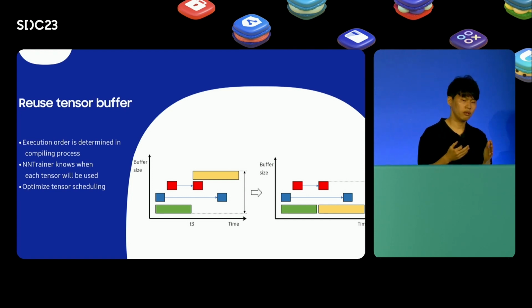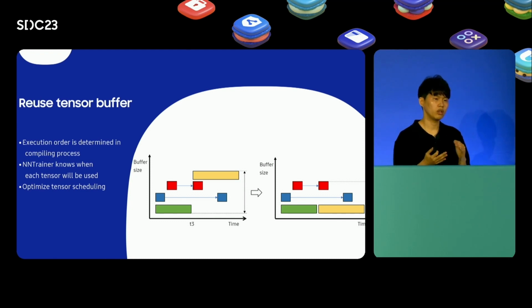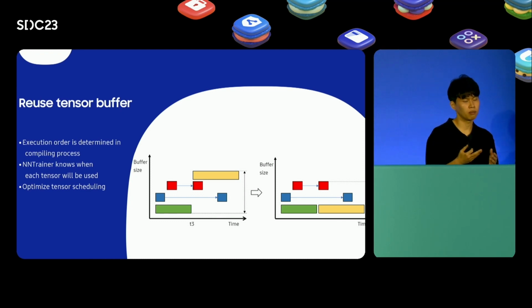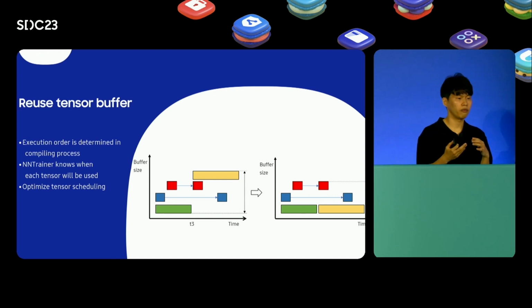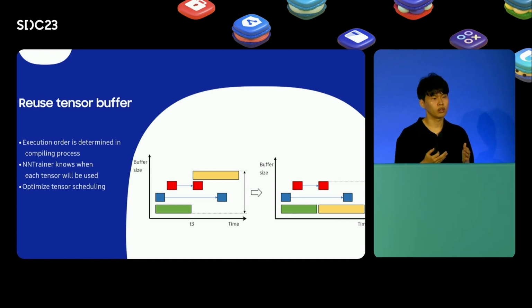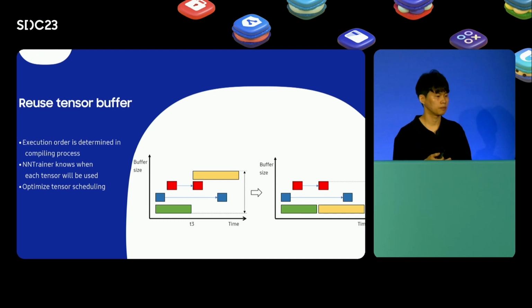But with the information that the green tensor will not be used after T3, we can reuse the green tensor buffer for the yellow tensor. So with only such buffer reusing and rescheduling, we can use only 1/4 or 1/5 of the memory compared to other conventional frameworks without sacrificing any performance.